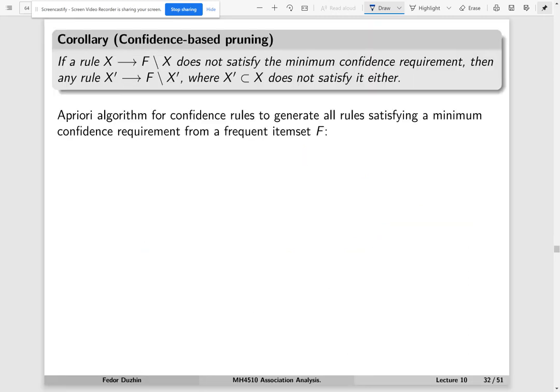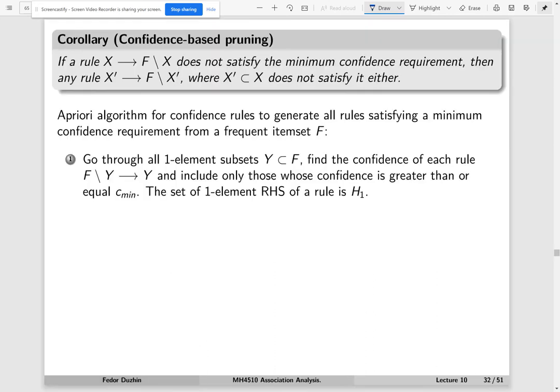And the a priori algorithm for confidence rules is very similar to the a priori algorithm for frequent item sets. So basically, it goes like this. If we have a frequent item set F, then we want to generate all confident rules out of this frequent item set.